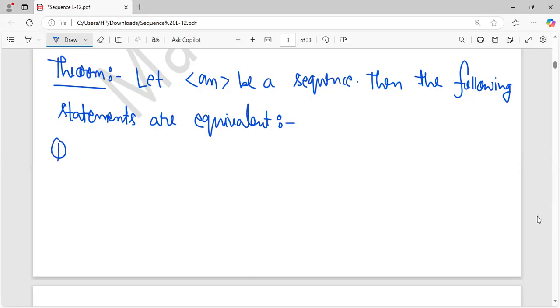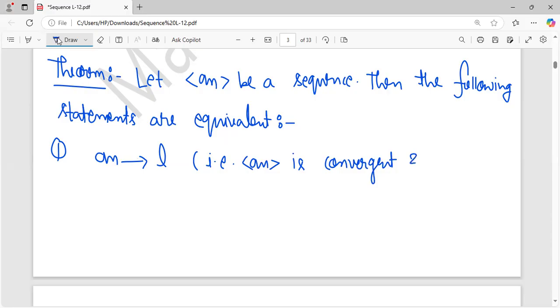First, a_n converging to L. It means a_n is convergent to L. We write this symbol when the sequence is convergent to some number. a_n tending to L means a_n is convergent and the limit of a_n is L. This is the meaning of this.